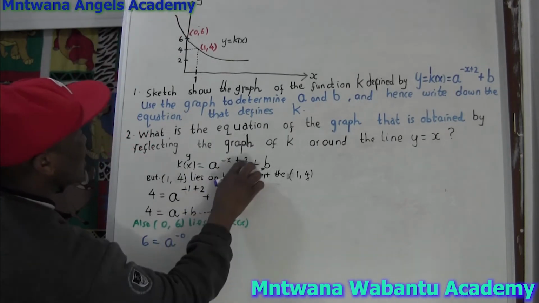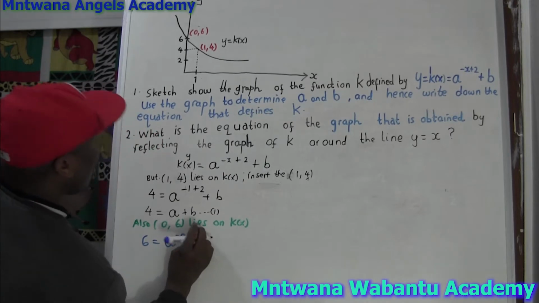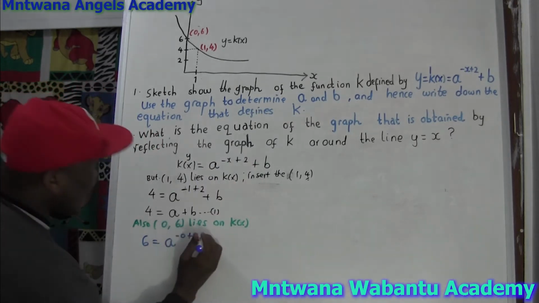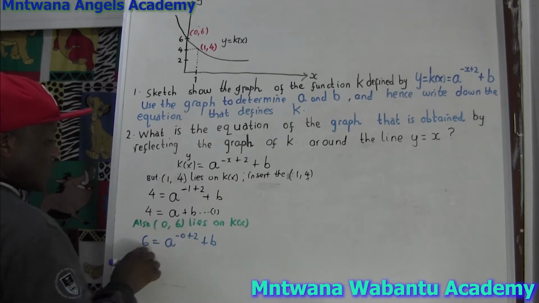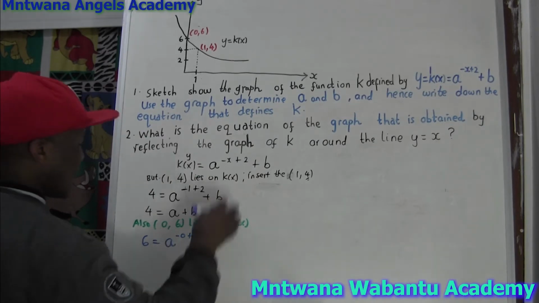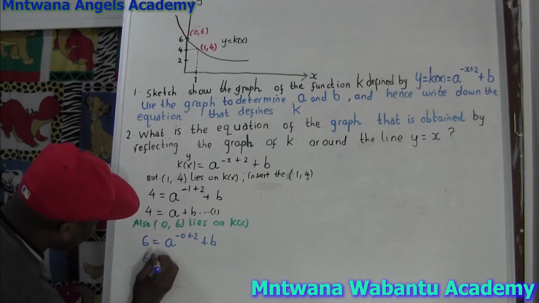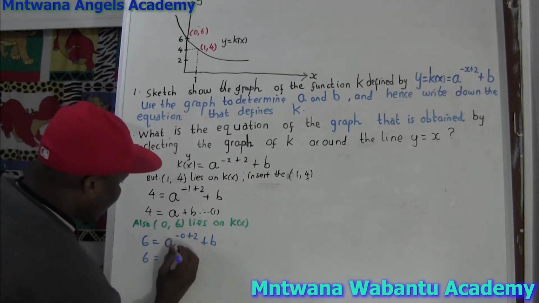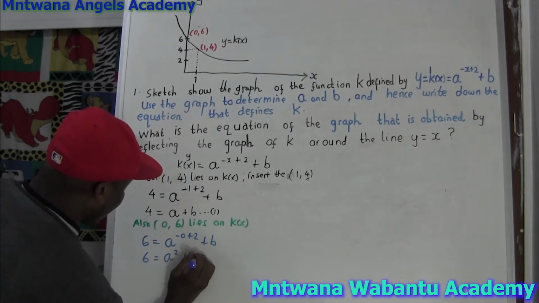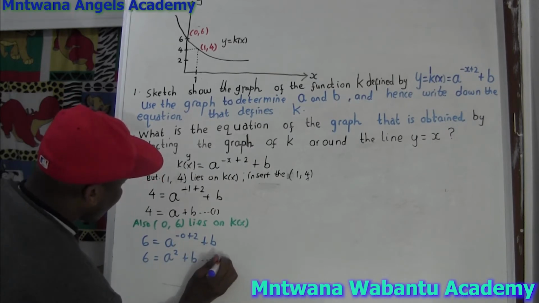So negative 0, 0 plus 2, plus b. 0 plus 2 equal to 2. So 6 equal to a squared plus b. Let's call this one the second equation.